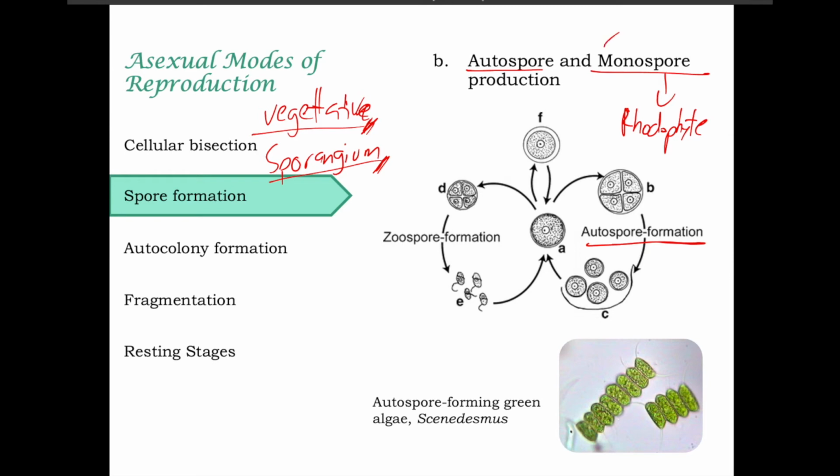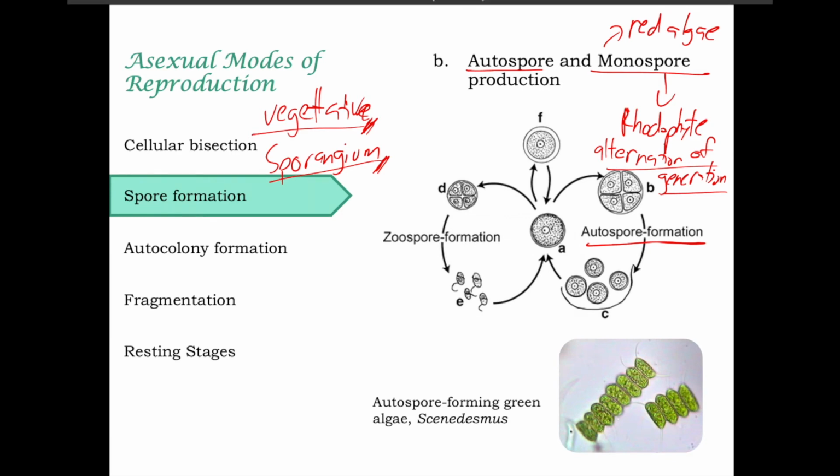So these are for red algae, but they are also non-motile, asexual spores, because most red algae representatives undergo what we call alternation of generation, and monospores are produced in that manner.